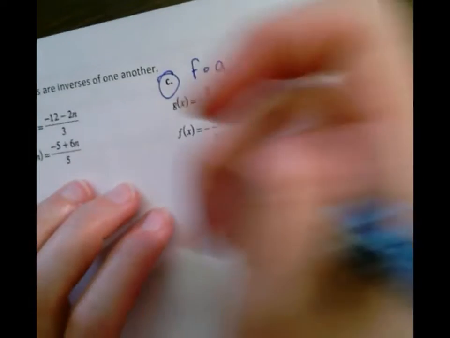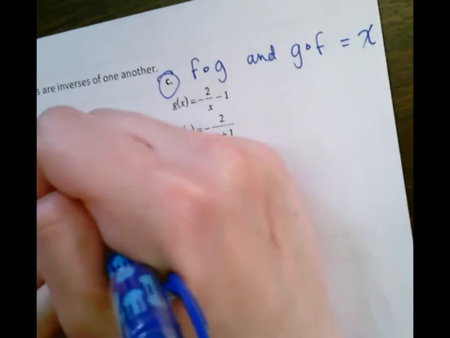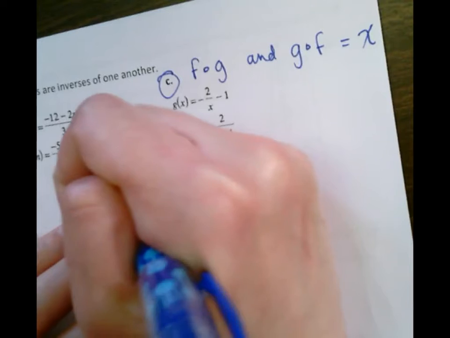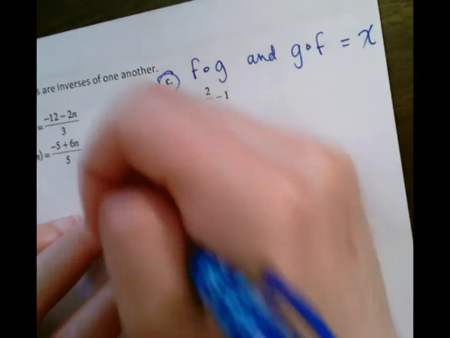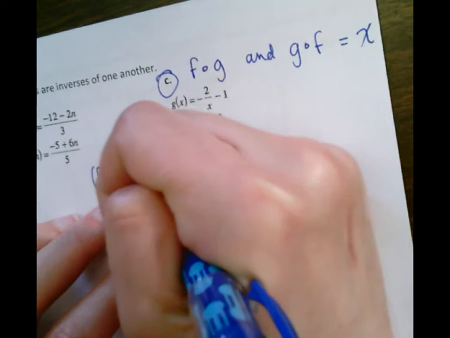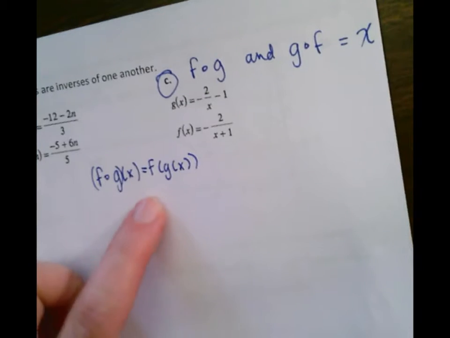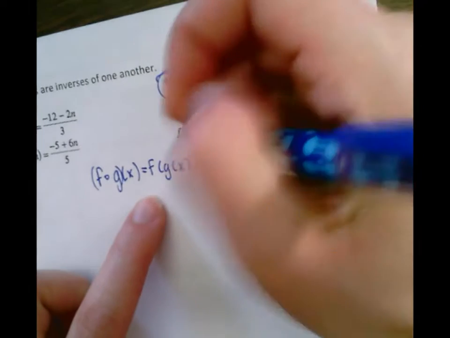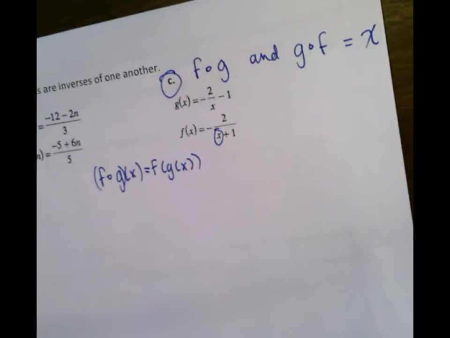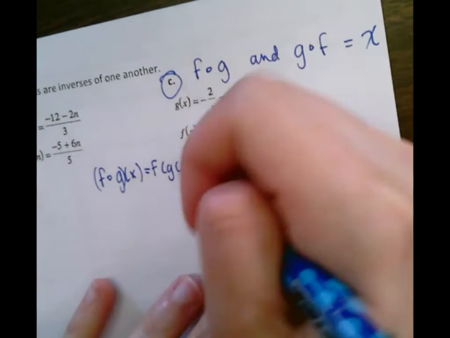So let's start with f composed with g. That means f of g of x, okay? So I need to take the g function and plug it in where the x is. So this is going to look weird.